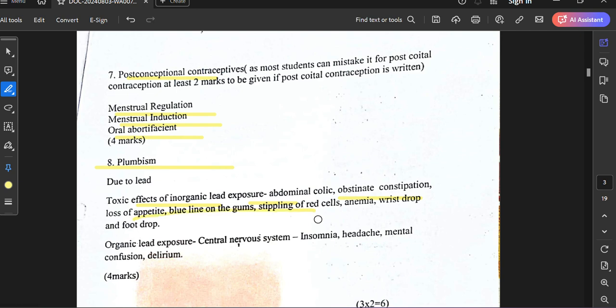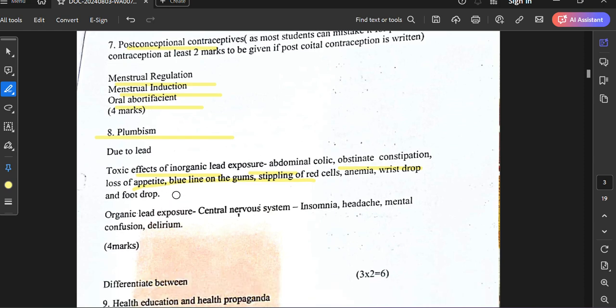Then loss of appetite, blue line on the gums, stippling of the red cells, anemia, wrist drop, foot drop are all the symptoms of plumbism. Make sure why it is due to plumbism? It is due to lead poisoning, which you should not forget.